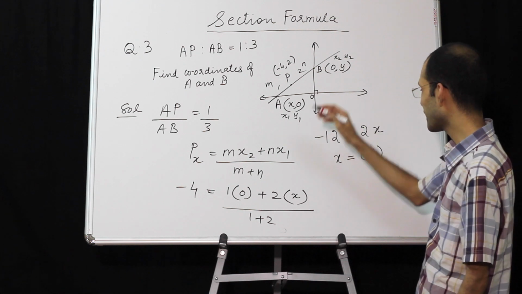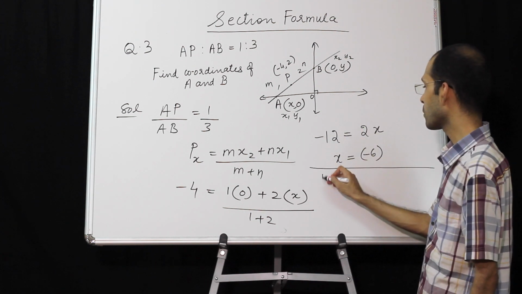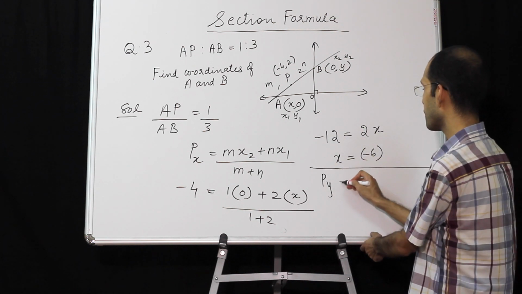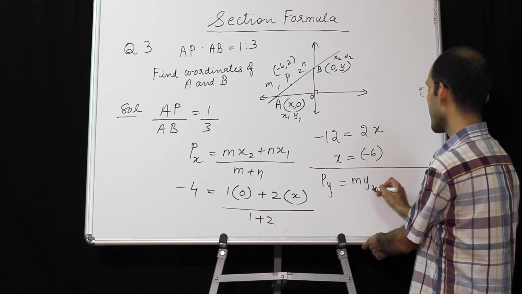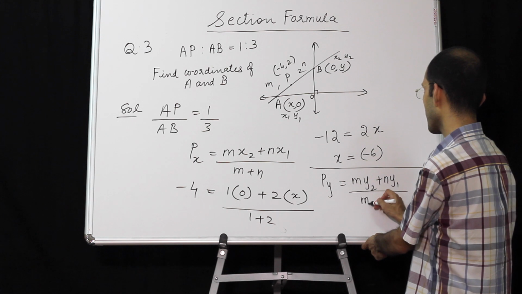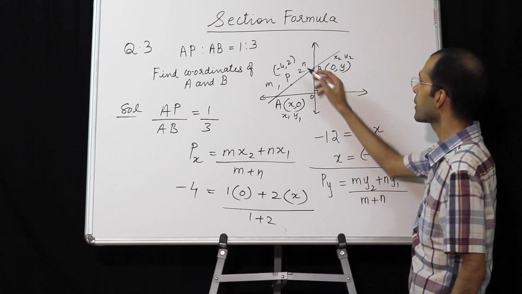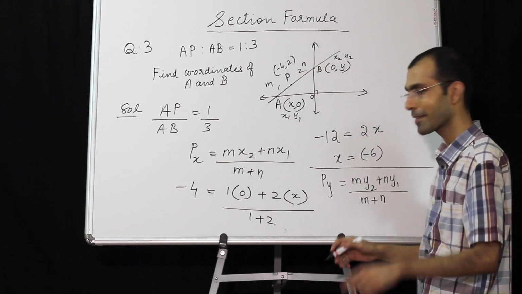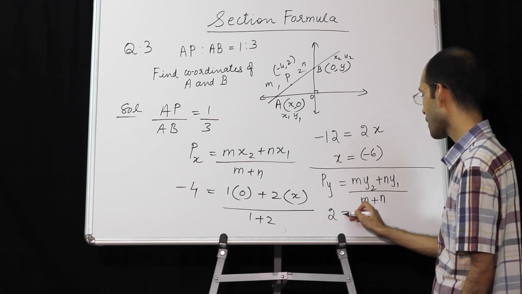Now, we'll write the coordinates later. Let's go for Py. Py will be my2 plus ny1 upon m plus n. Now Py is already given here, that is 2.